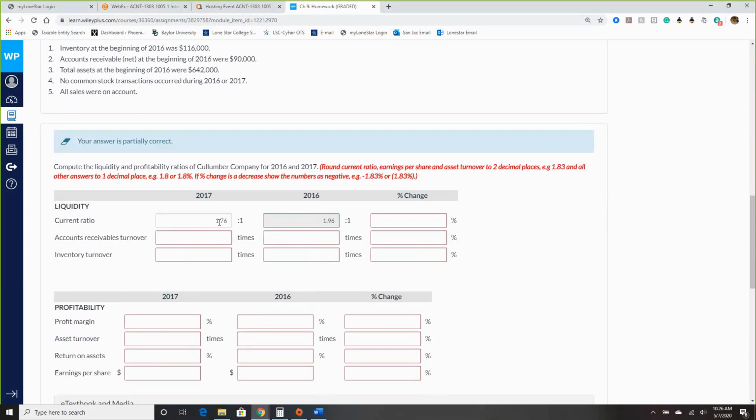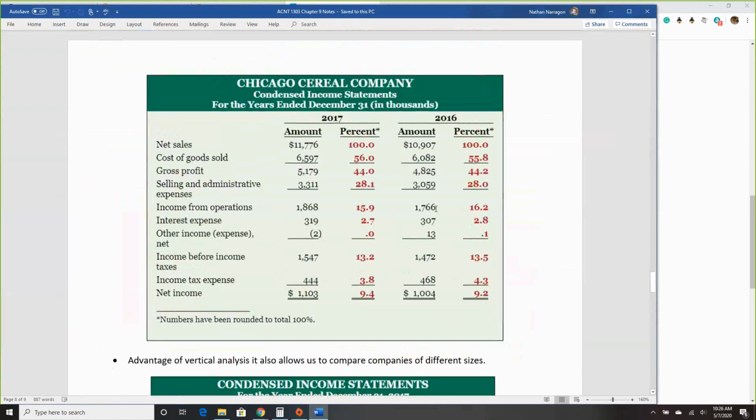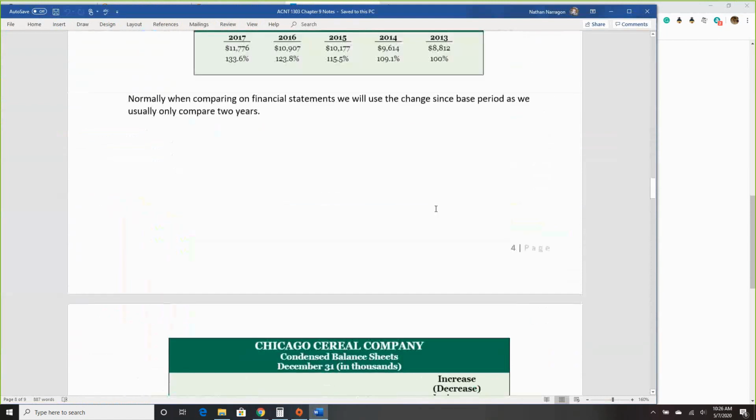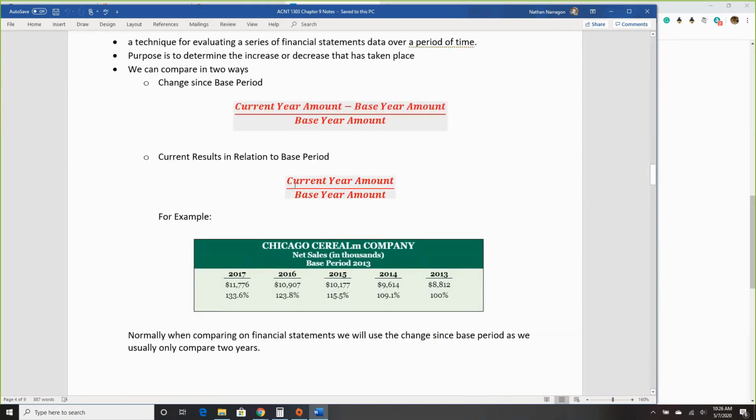Now we can already see it going down. Let's go look at the formula to do that horizontal. So, you can take the current year amount minus base year amount divided by base year, or current year amount divided by base year.